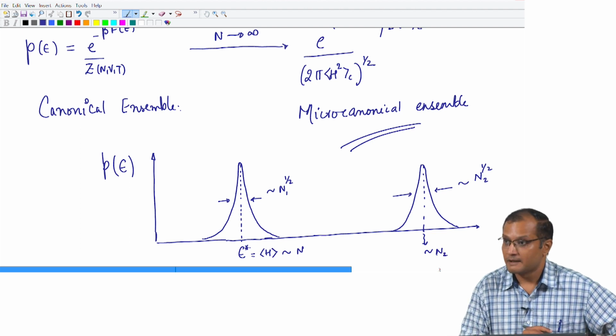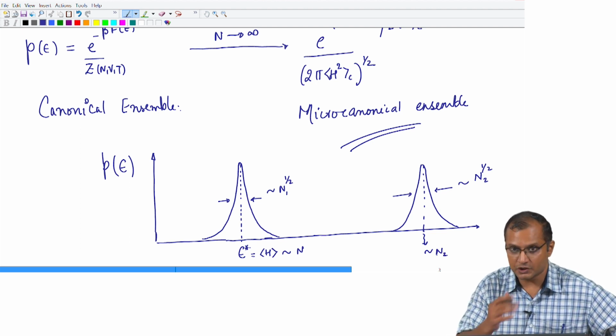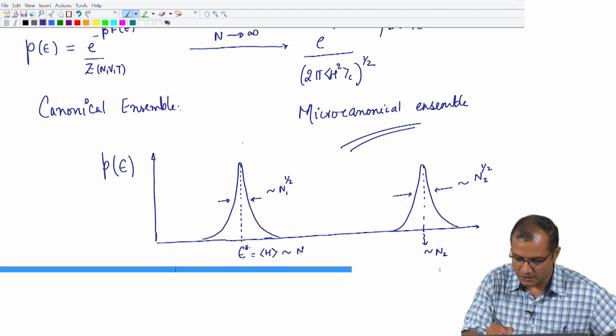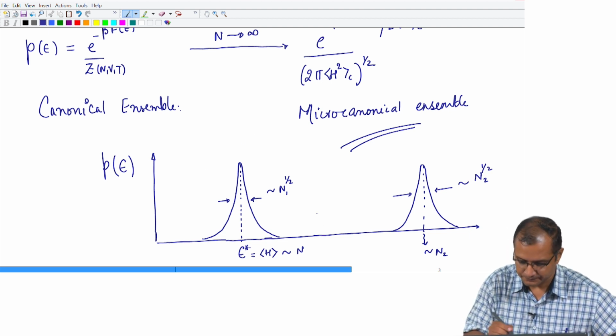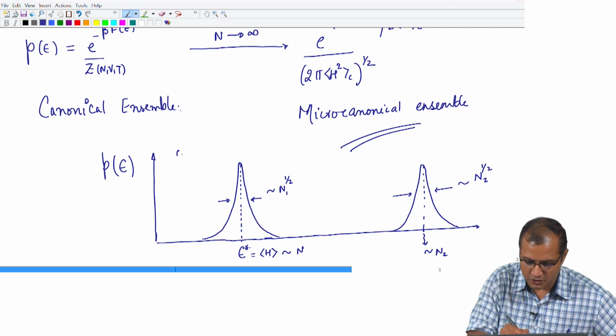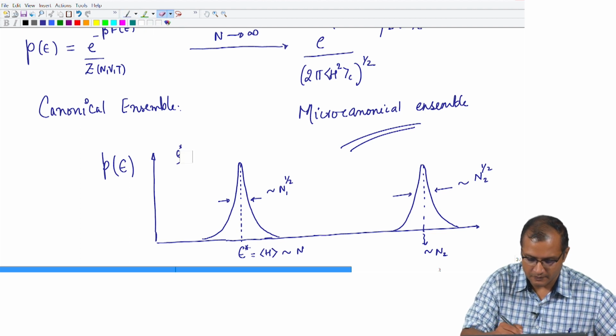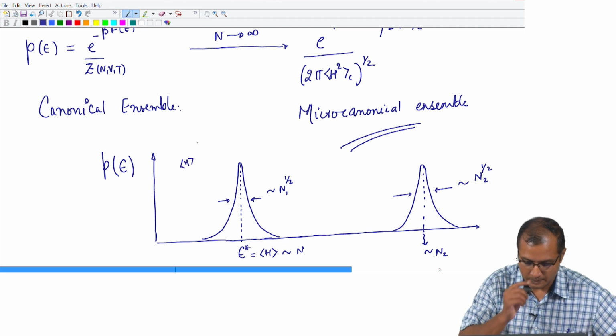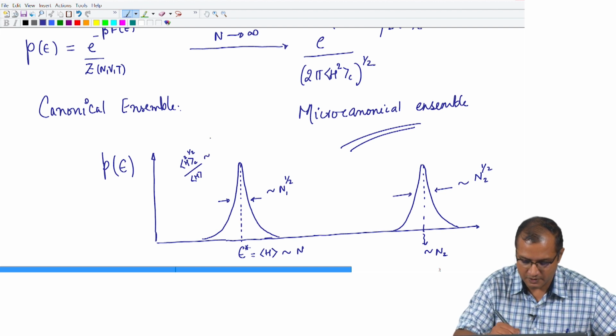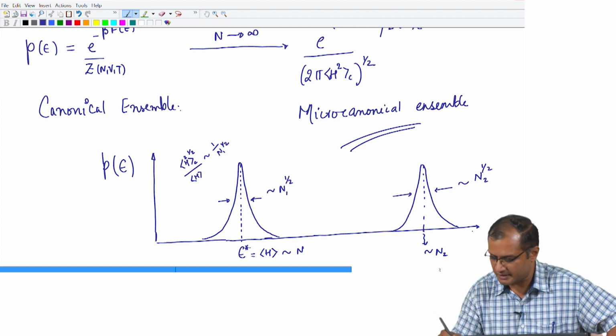So, the ratio of width over mean, which was going as 1 upon square root of n, is much smaller here.